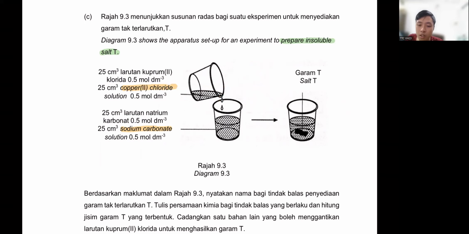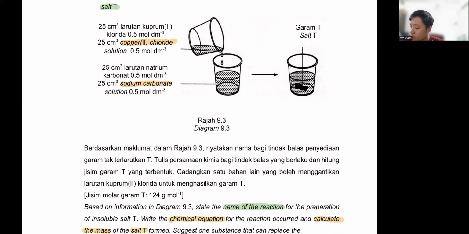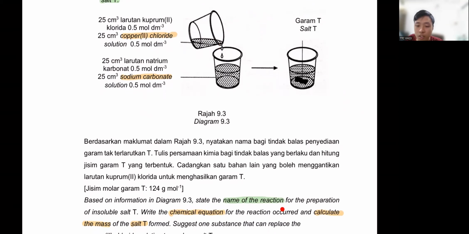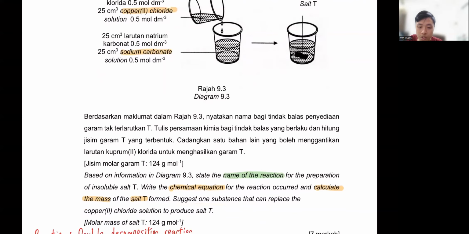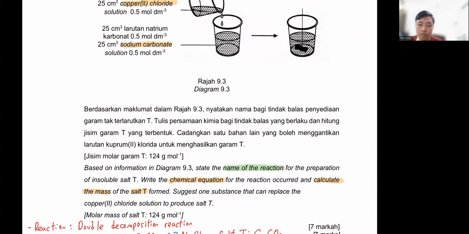They asked what's the name of the reaction to prepare an insoluble salt. Equal to these three words, which is double decomposition reaction. You have to notice, double decomposition reaction.